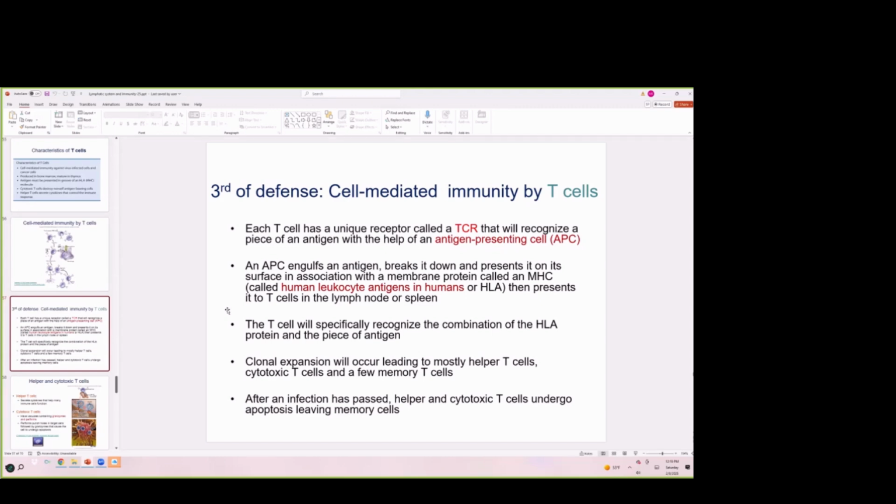It is only then that the variety of T cells that have different receptors too, the appropriate one that matches that flag, recognizes and binds, and goes through the same kind of clonal expansion to make more of that kind.